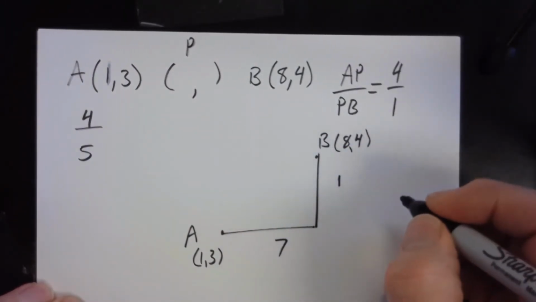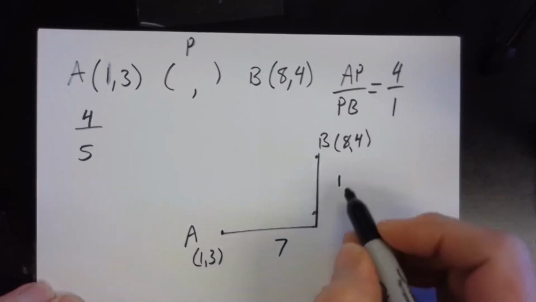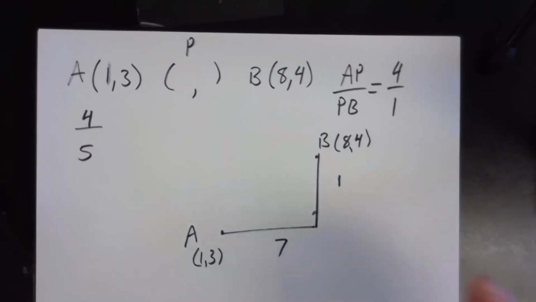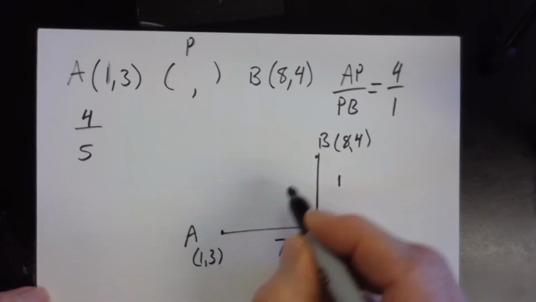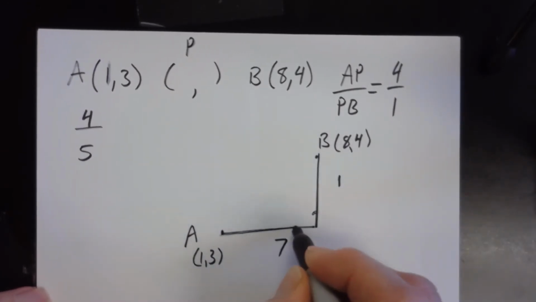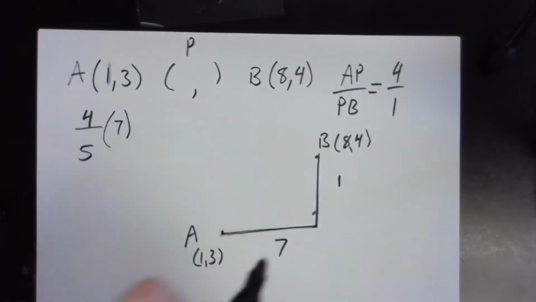Oh, it's only 1, isn't it? Okay, so it's only 1. And isn't that kind of the slope, guys? It's not reduced, but if you look at the slope, you need to know what is, from this point to this point, the horizontal distance? Because I want to take 4/5 of that.